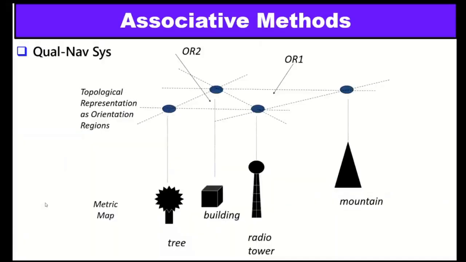Another method in the associative methods is called the nav system. Here we have enough hardware or sensor mechanisms, so we can look from above, or have sensors that can create a 3D view, and from the top you can see all the objects and create a map of the landmarks, right?